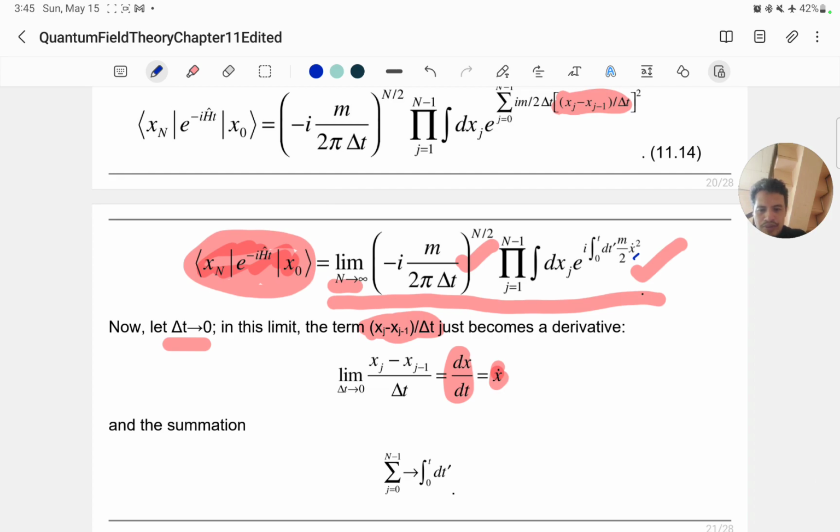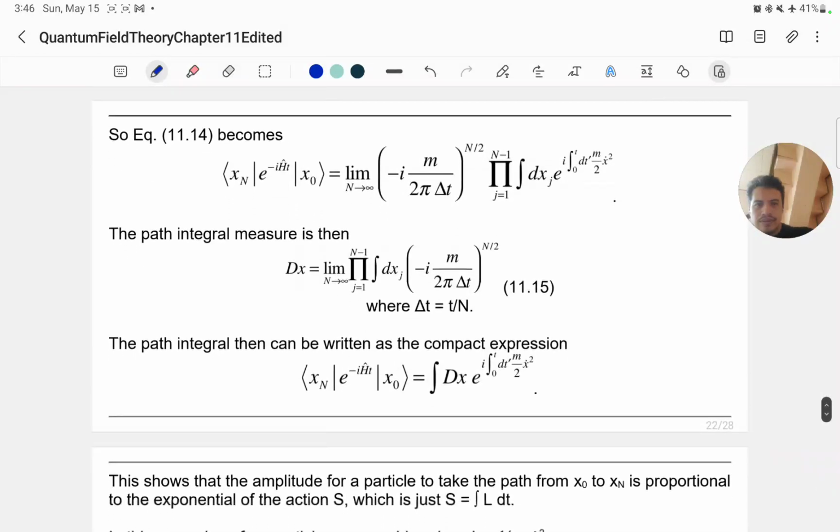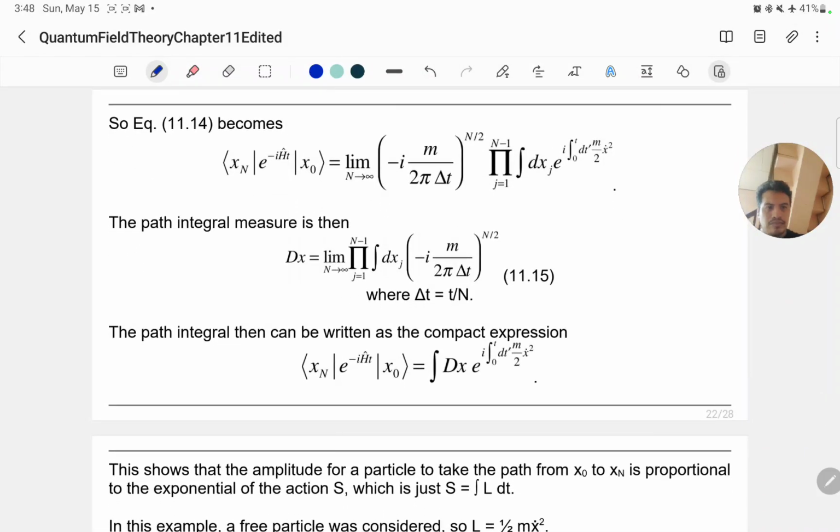And of course, since you now have a continuous expression, your summation becomes an integral. So here you have that. So now we have this expression.